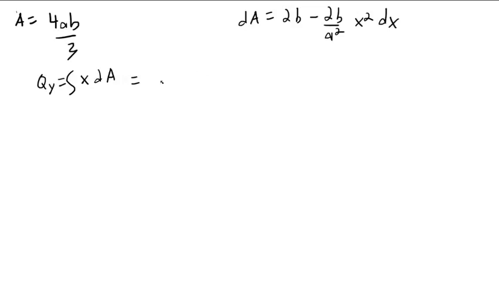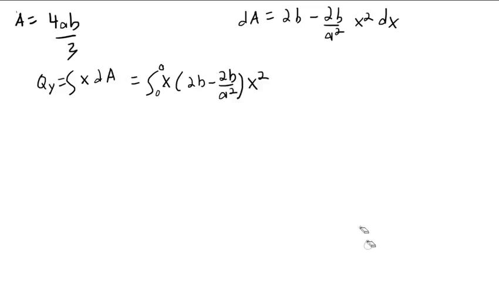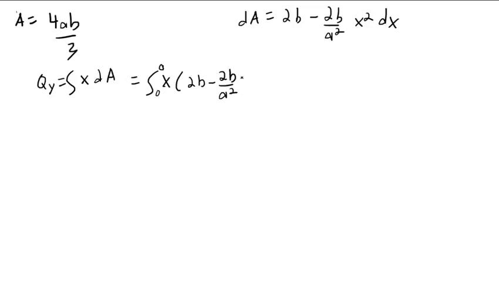So this is the integral from 0 to a of x times 2b minus 2b over a squared x squared, with the x squared inside the parentheses, dx.